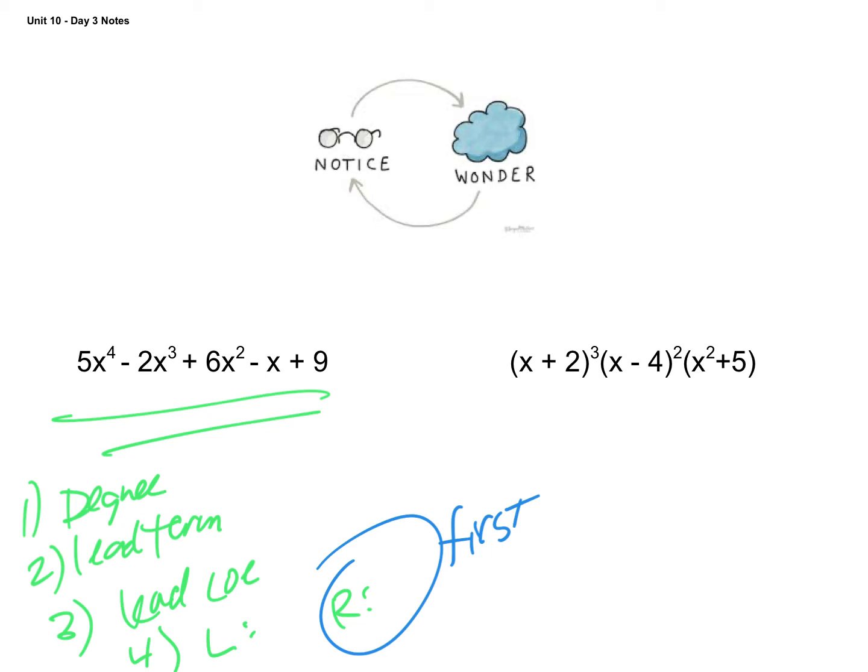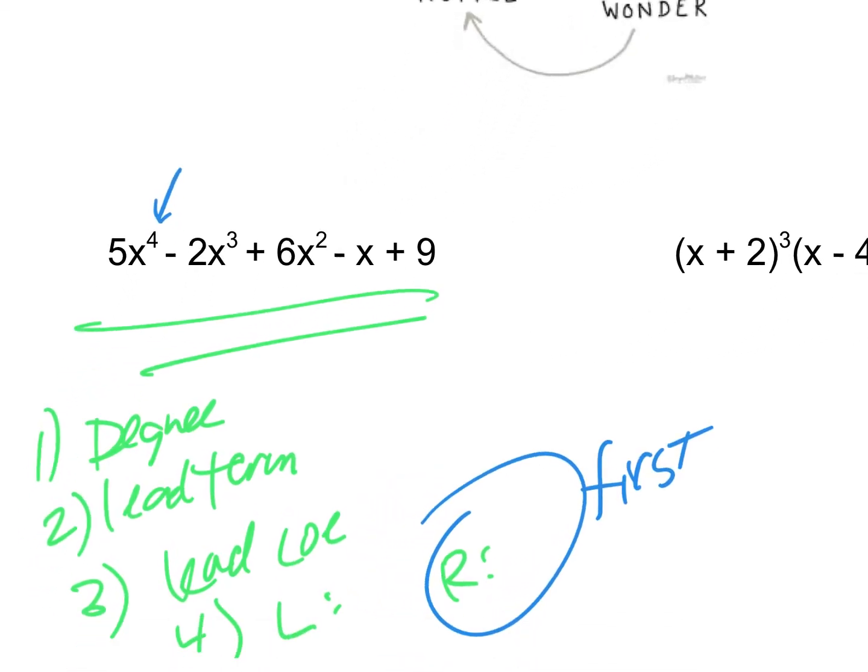Angelina Fisher, which of those do you think you can do? Would the lead term be 6x squared? Nope, because this is more powerful than an x squared. I think you're overthinking it.